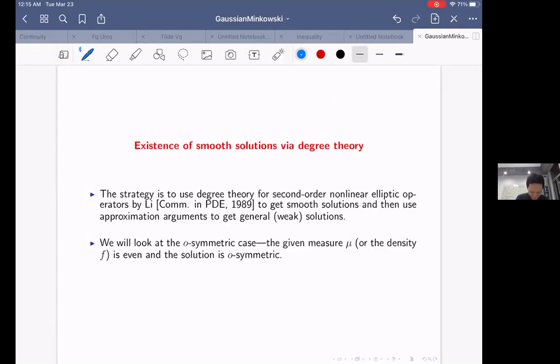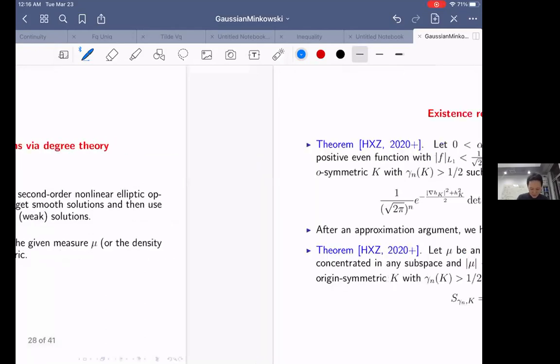Our main result about the existence part uses the strategy developed by Li Yanyan in 1989. And we will look at the even case, that is, the given measure mu is even, and we try to find symmetric convex bodies.